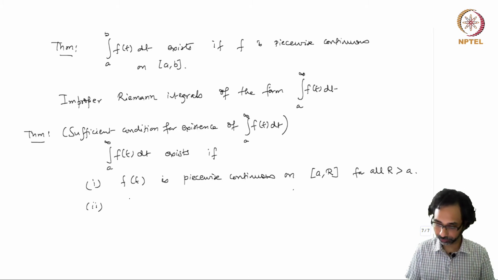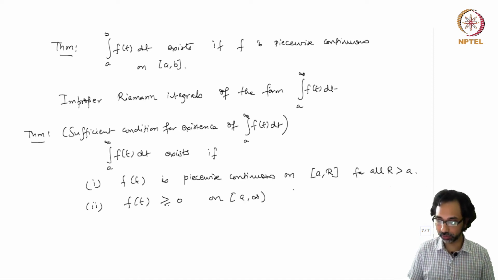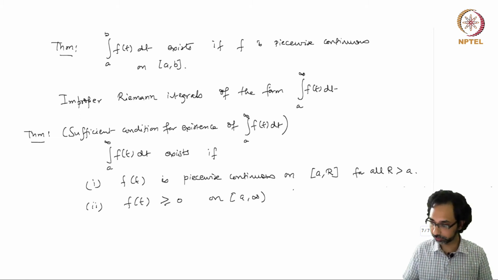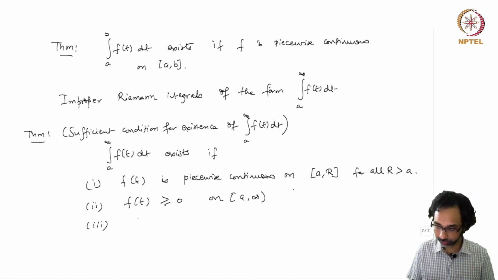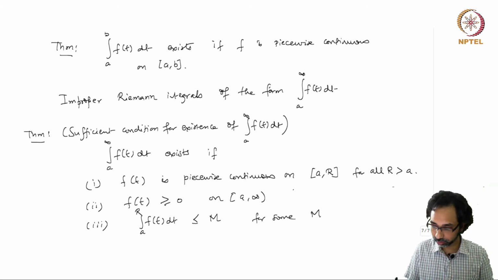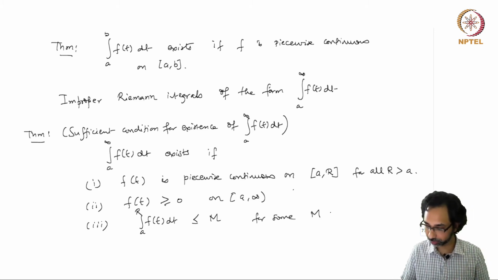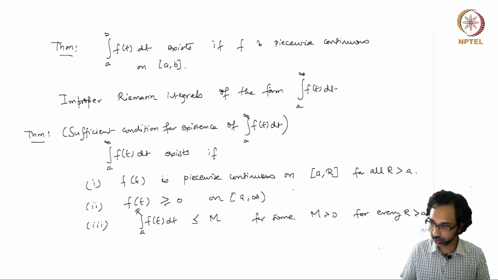Secondly, we suppose that f(t) is greater than or equal to 0 on [a, infinity). So we suppose that the function is positive. And thirdly, we suppose that the integral from a to R of f(t) dt is bounded above by some constant M for every R greater than a.